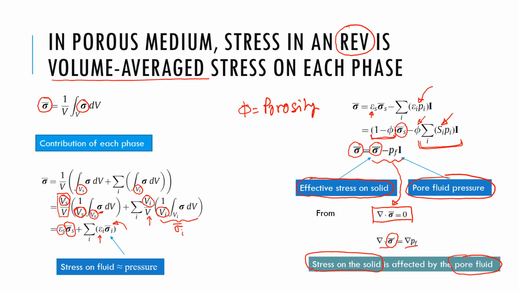So this is going to be the most important equation for poromechanics that we will further develop. On the left side again we have the effective stress on solid, and on the right side we have the pressure on the fluid phases.